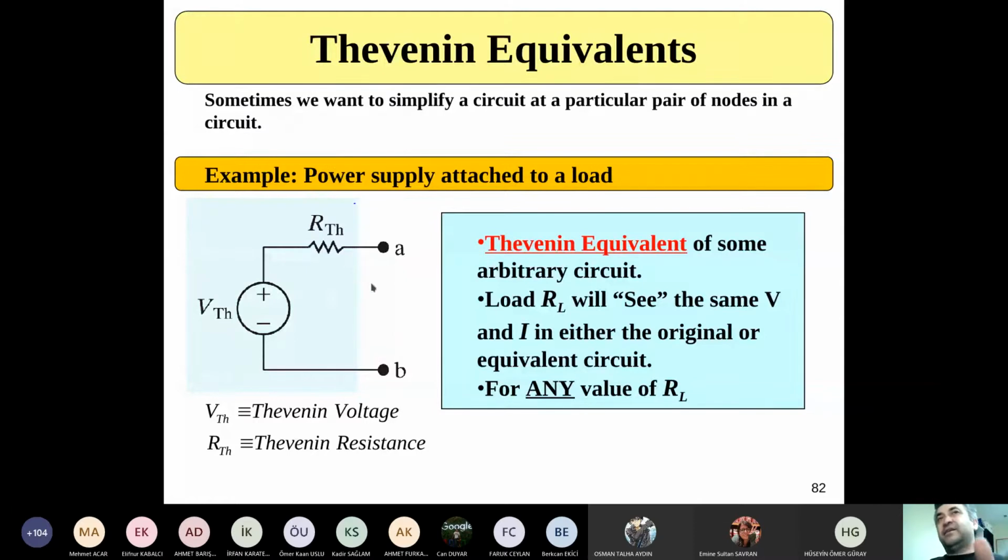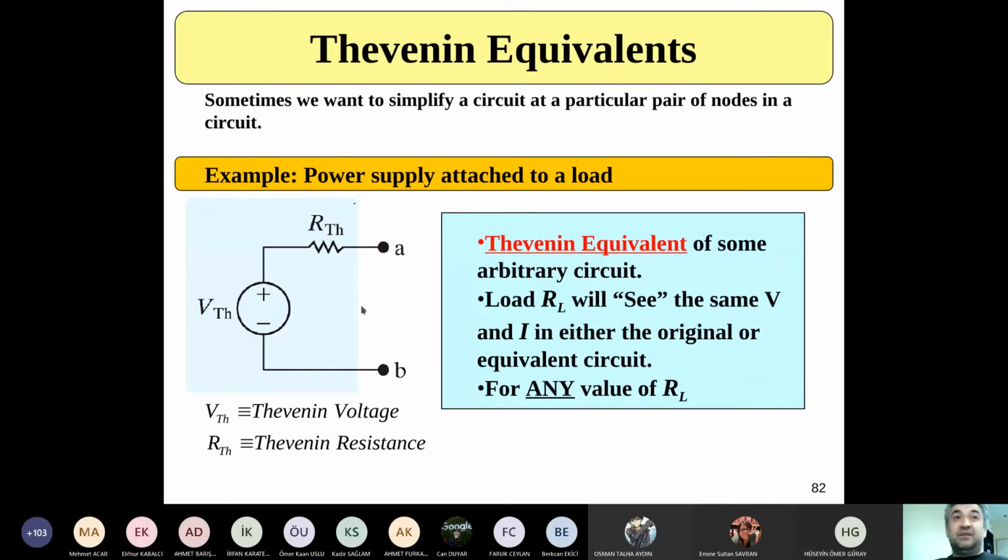Just looking at this, and the way we did source transformation before, you can also say that we have another equivalent circuit composed of a current source. This time it will be in parallel with a resistive element.